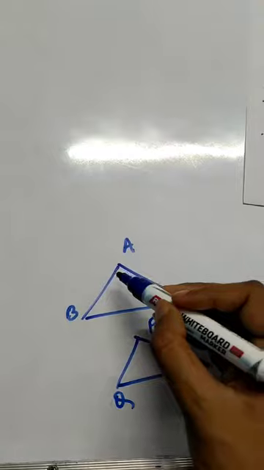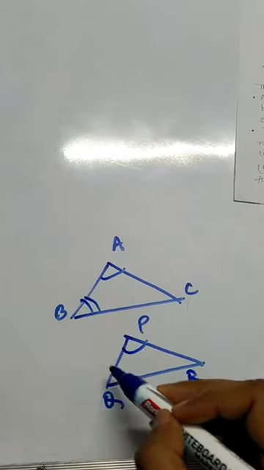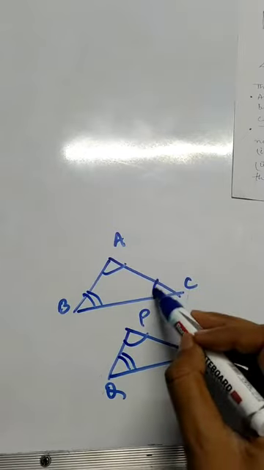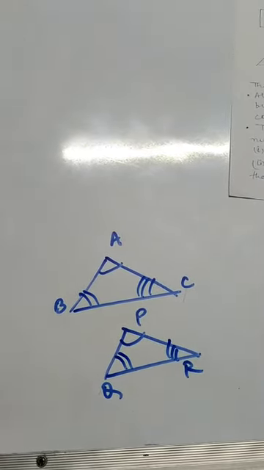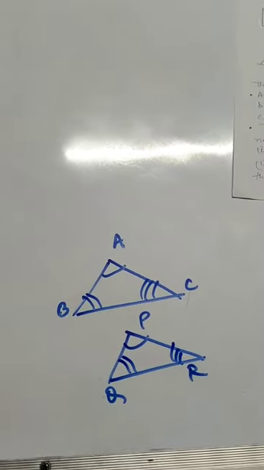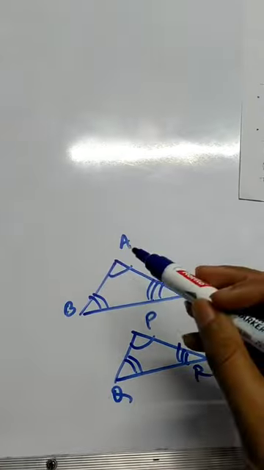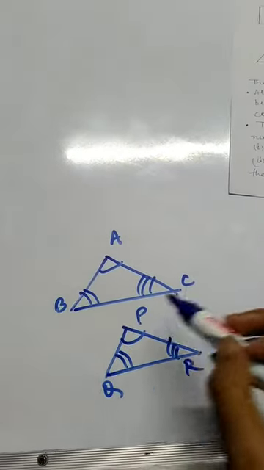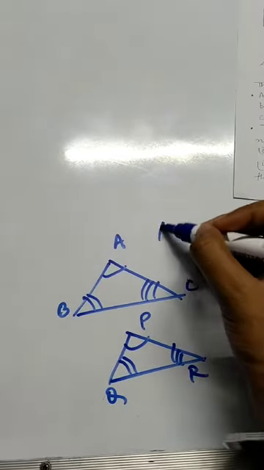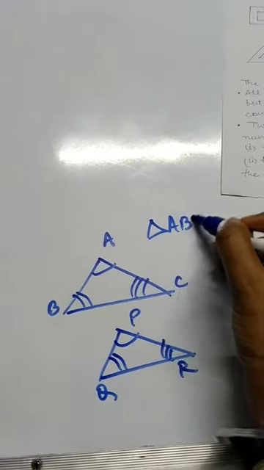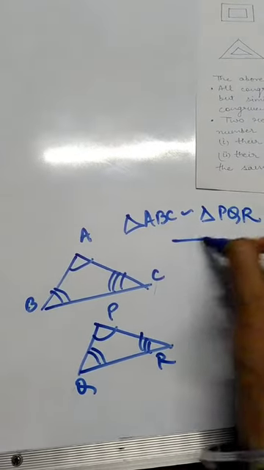So if angle A equals angle P, angle B equals angle Q and angle C equals angle R, and the ratio of their sides, that is AB upon PQ equals AC upon PR equals BC upon QR, is equal, then the two triangles, that is triangle ABC, is similar to triangle PQR.